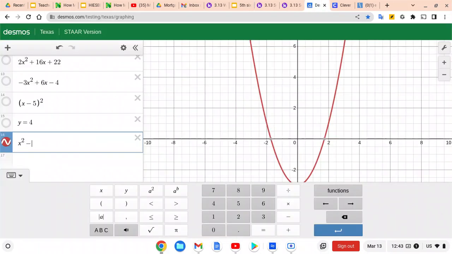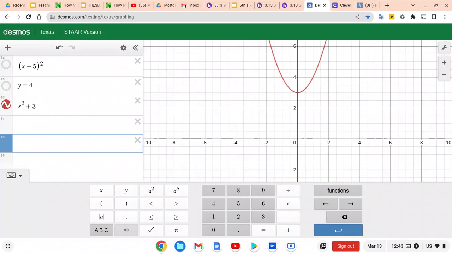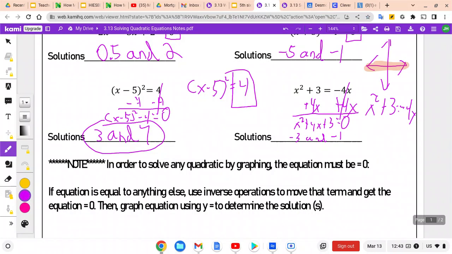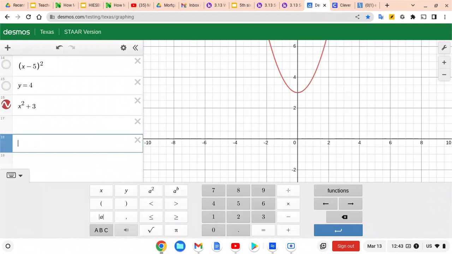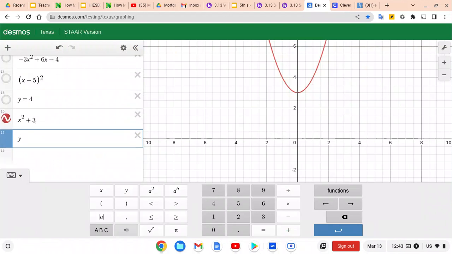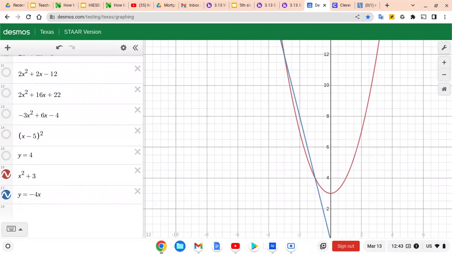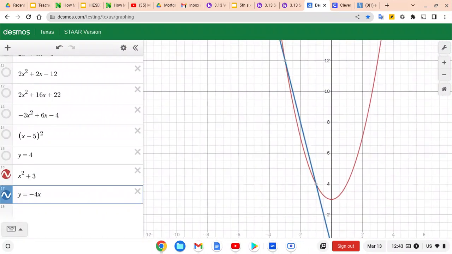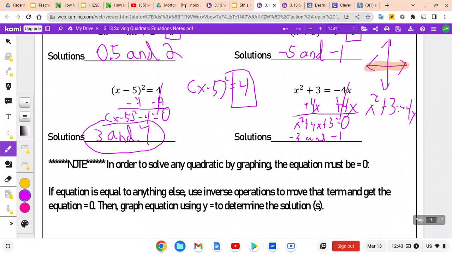X squared plus 3. And then y is -4x. So you would type y equals -4x. And it crosses in 2 places. It crosses at -3 and -1. And what do you know? Those are the solutions, -3 and -1.